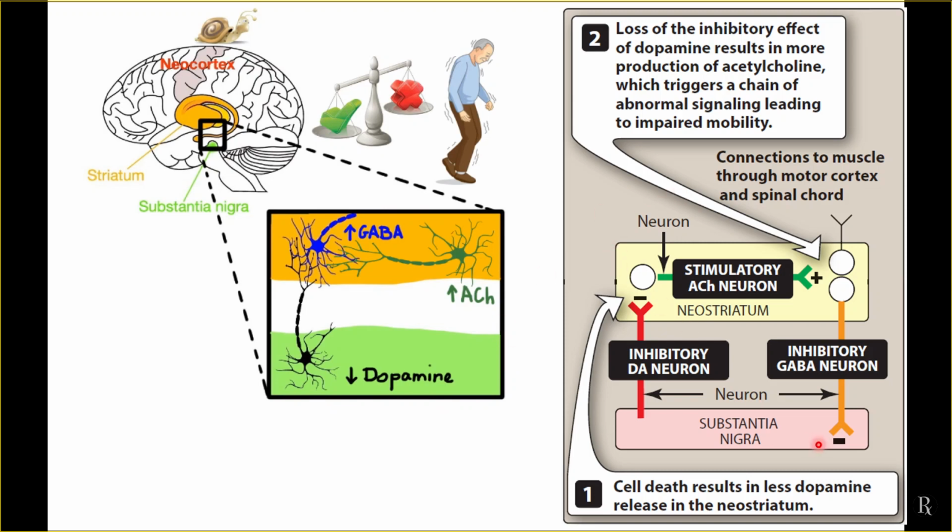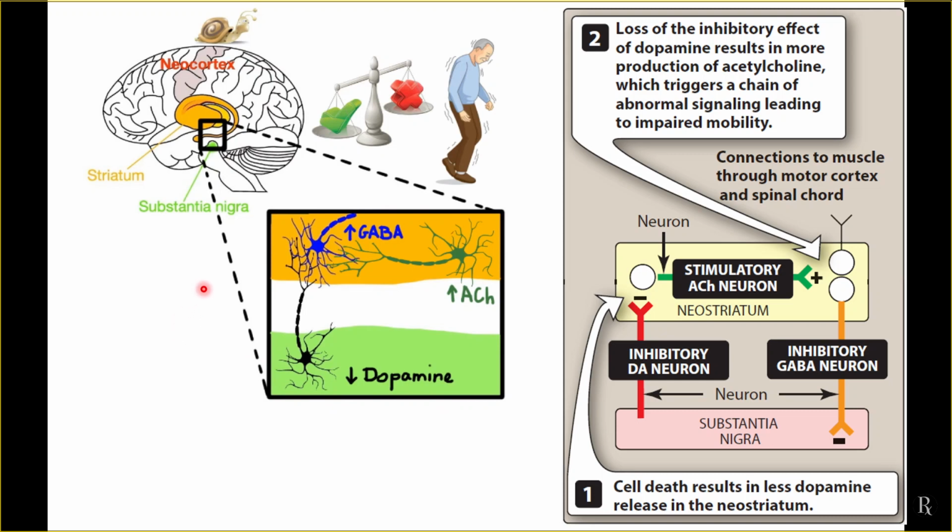The substantia nigra normally inhibits the neostriatum, and the neostriatum is normally inhibiting the substantia nigra. This leads to a balance between the excitatory and inhibitory activity.